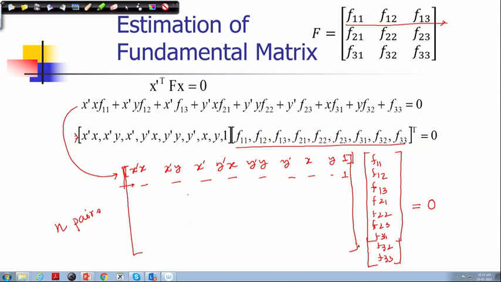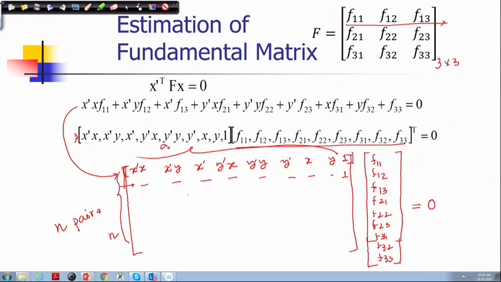As you can see, what is the number of columns in this case? You have here 9 unknowns, because the fundamental matrix dimension is 3 cross 3. So there are 9 columns and the number of rows would be n.